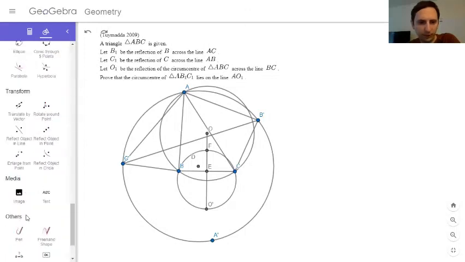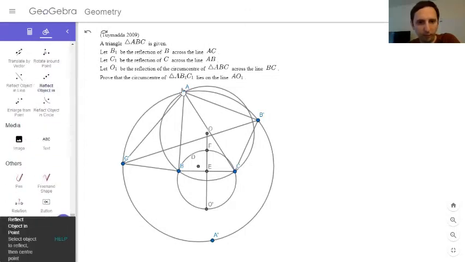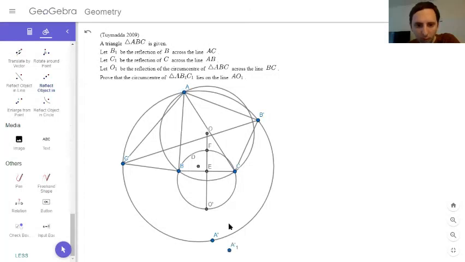What if I reflect A across the midpoint of BC? Tricky.